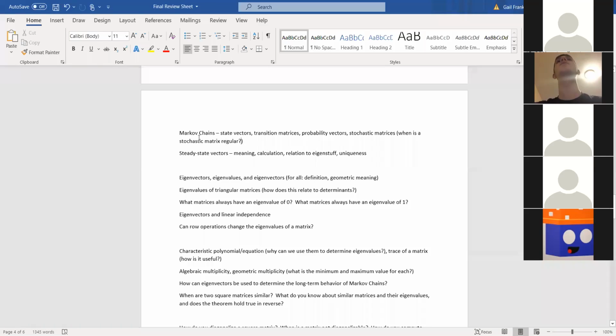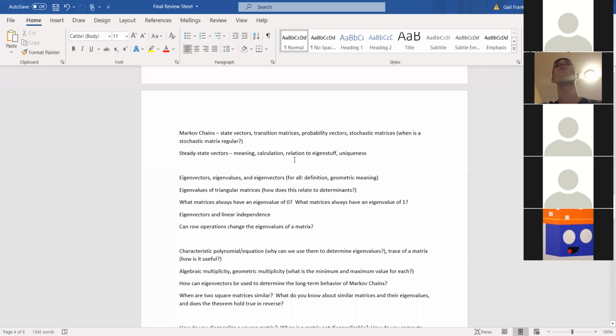Regular stochastic matrices always have a unique steady state vector. If the stochastic matrix is not regular, you may or may not have a unique steady state vector. Like the identity matrix is a stochastic matrix, but any vector times the identity matrix returns the same vector. So you have an infinite number of steady state vectors for the identity matrix.